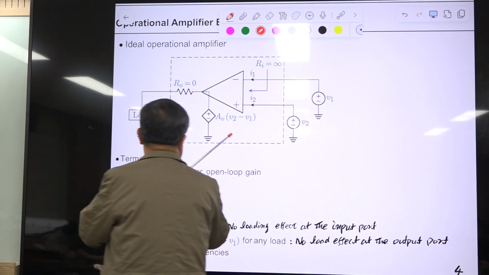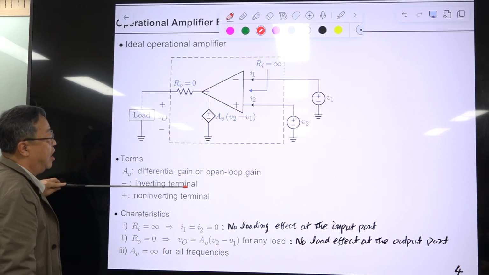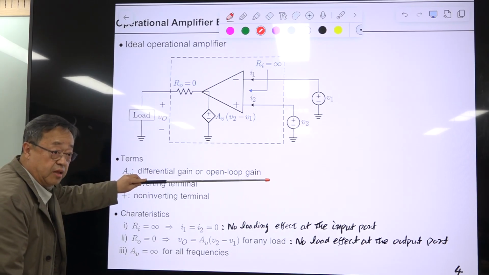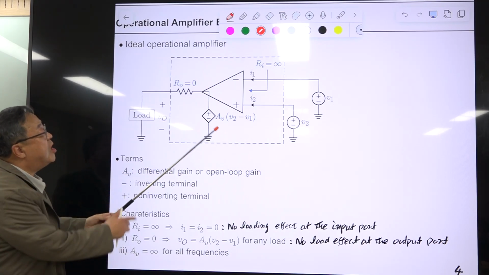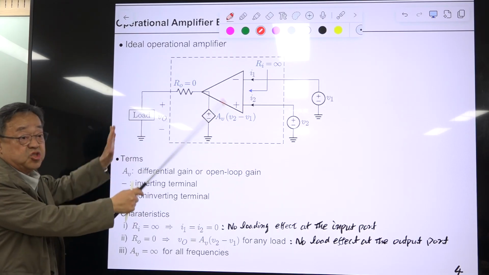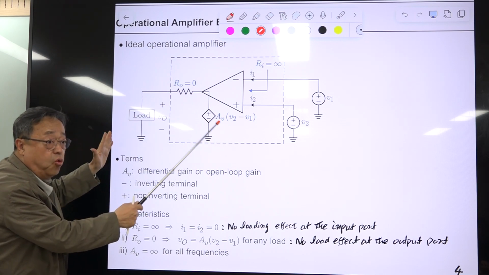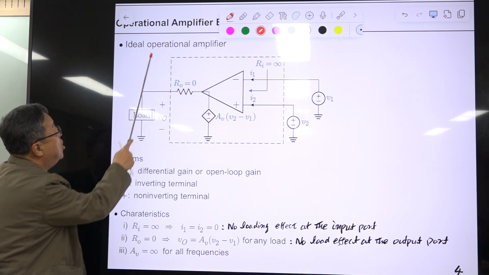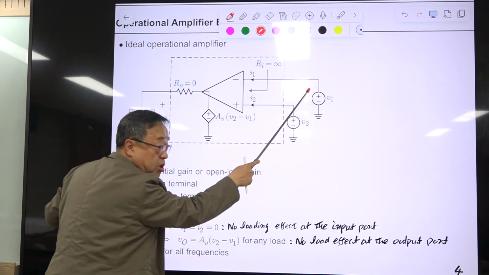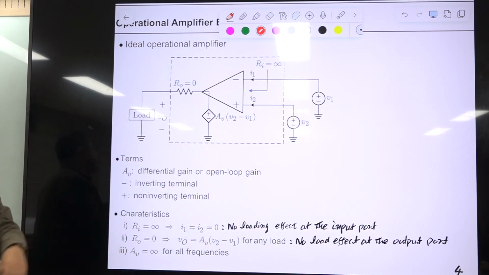We call it differential gain or open loop gain. Differential gain is easy to understand. Why do we call it open loop gain? Because we are not using this ideal OPM or practical OPM in this fashion, in this manner. Almost always there is a connection from the output port to this inverting terminal port through some device, and that is called closed loop operation.